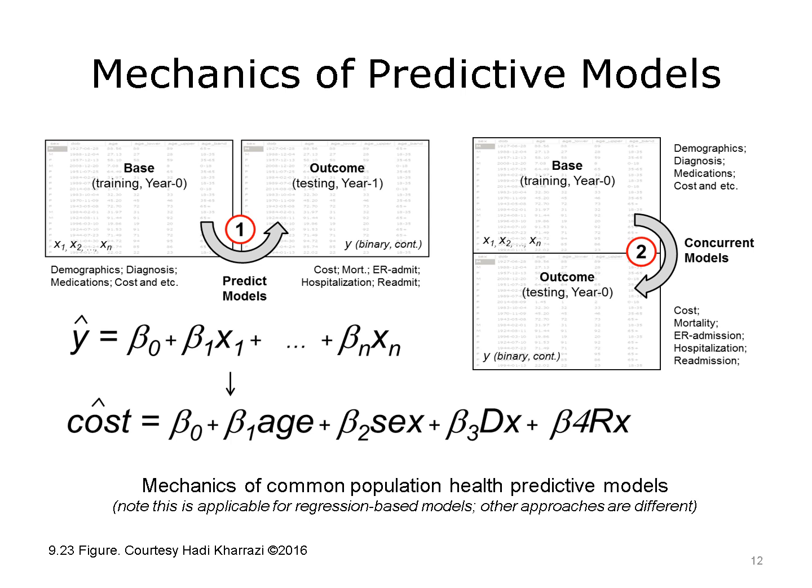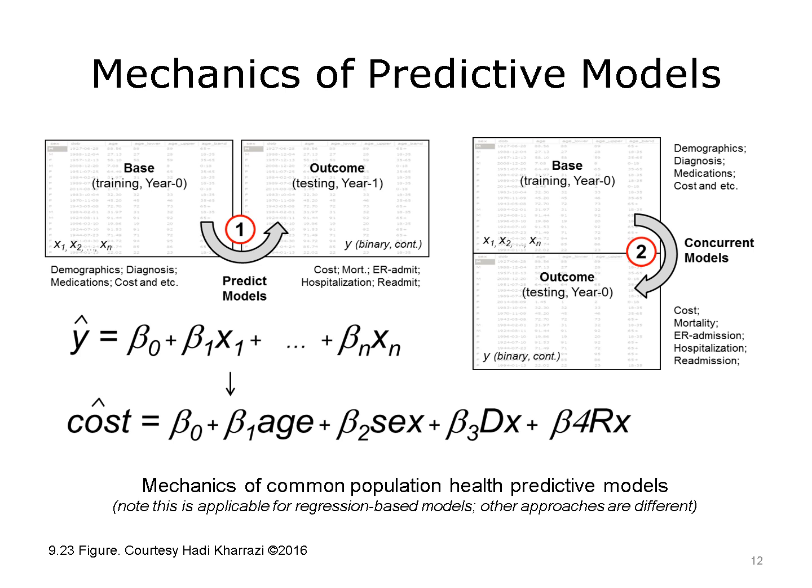In concurrent models, indicated by Circle 2, the base year provides both the base and the outcome datasets. Usually, concurrent models have a higher accuracy, as using the same year's outcome, such as cost, is less variable than using next year's outcome.